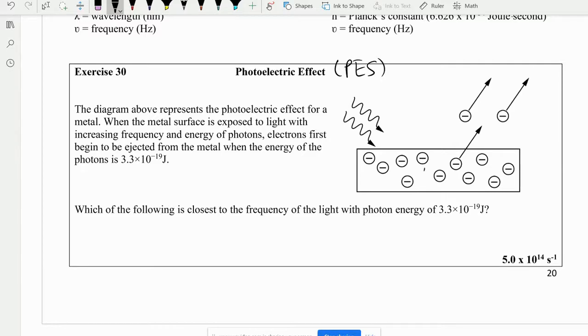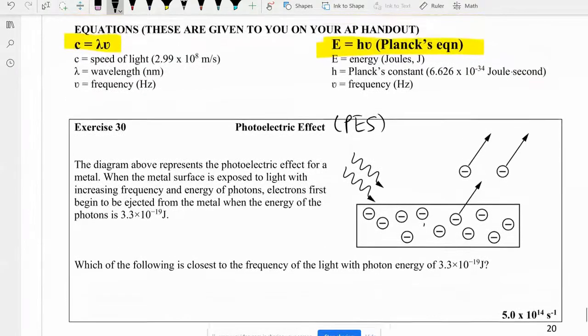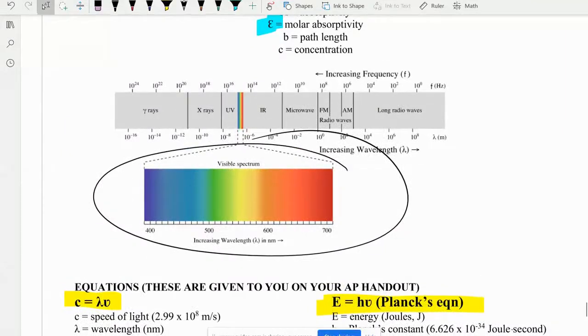Okay, so let's take a look at what this question's asking. It says the diagram represents the photoelectric effect for a metal when the metal surface is exposed to light with increasing frequency and energy photons. And remember, you guys, when we are increasing frequency, let's go ahead and take a look back up here. If we are increasing frequency, we are going this way on the EM spectrum.